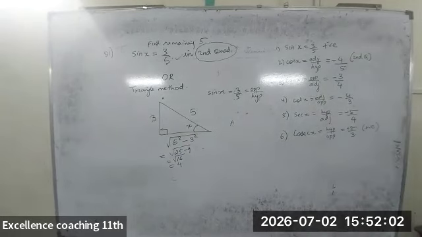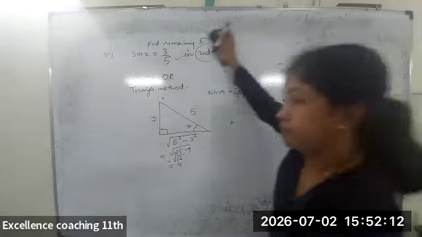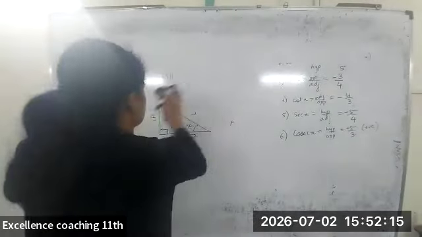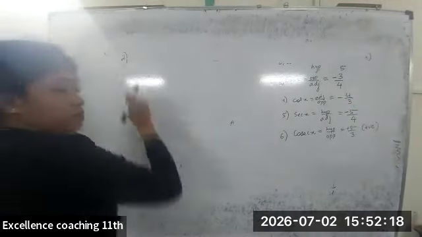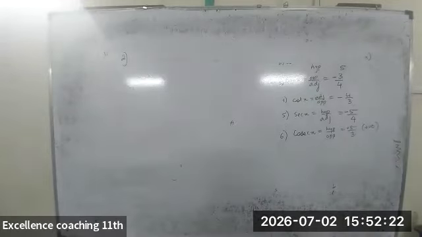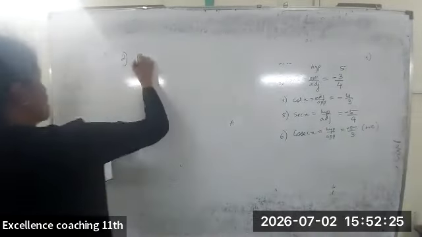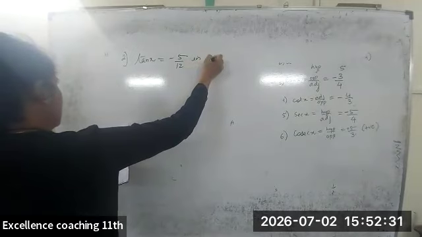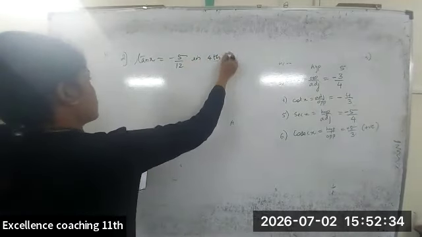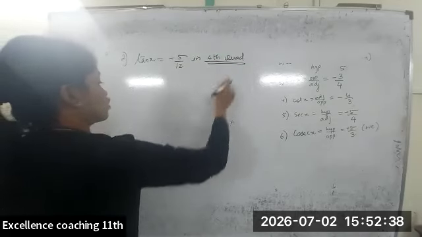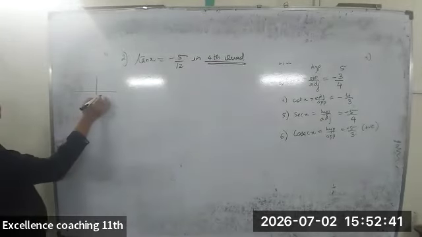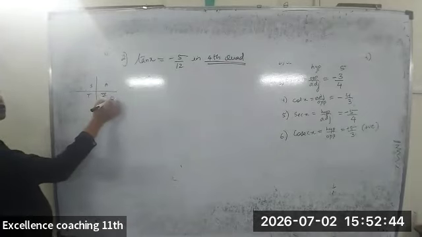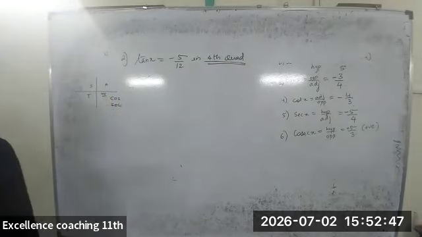Complete the triangle. This is all about the fourth quadrant, and you know that in the fourth quadrant, cos and sec are positive, and the rest will all be negative.